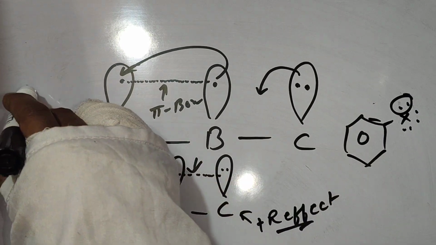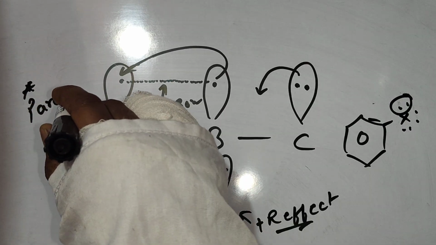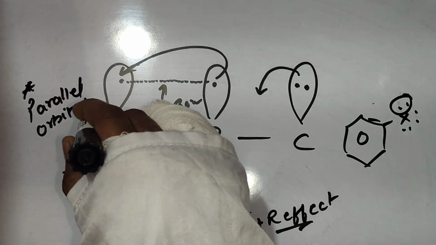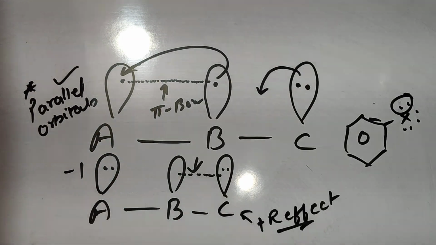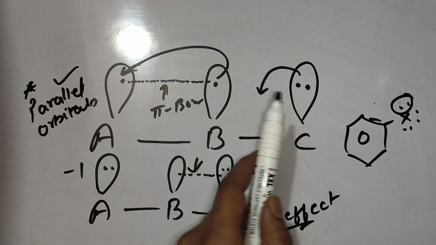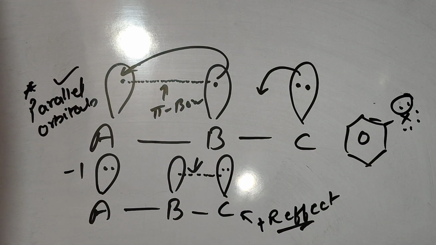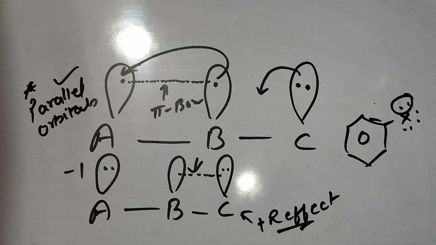The first condition is parallel orbitals. We have this condition in the halogen case, no problem. Orbitals are parallel. Second condition, you can check, I have made the size of the orbitals almost the same. This condition is not available when we have chlorine, bromine, iodine.